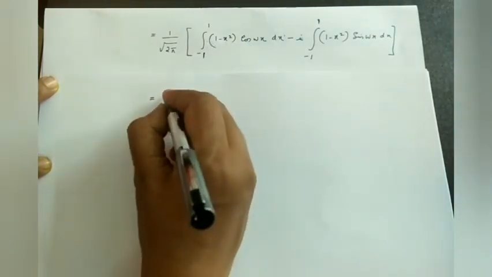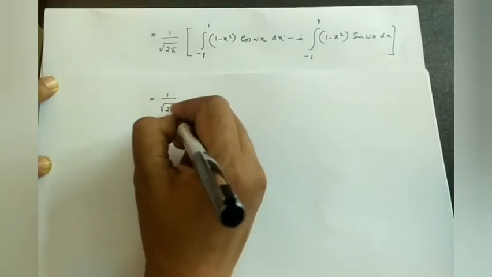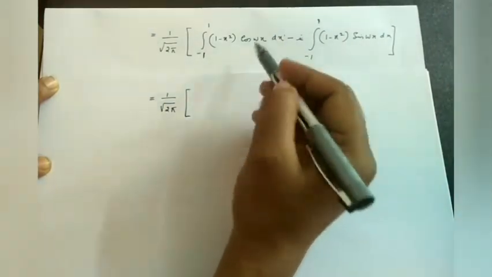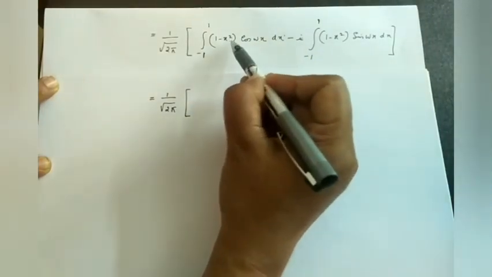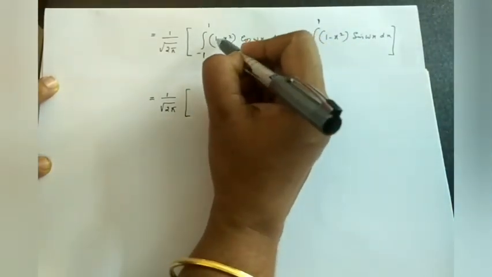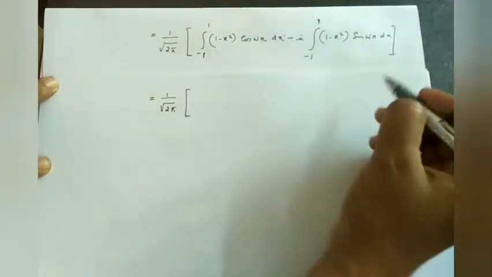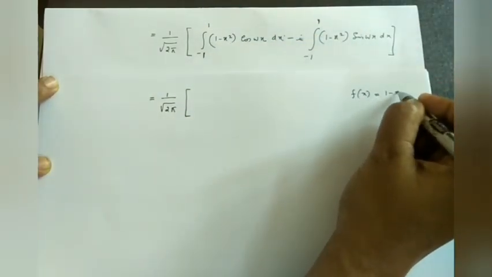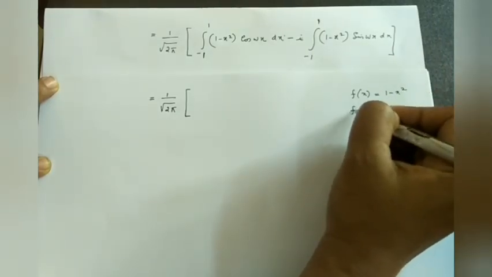Okay. Therefore 1 by root 2 pi into, I am going to check whether this function is even or odd. Here we have two functions. Therefore, first of all, considering 1 minus x square, f of x is equal to 1 minus x square. So we have to check f of minus x.